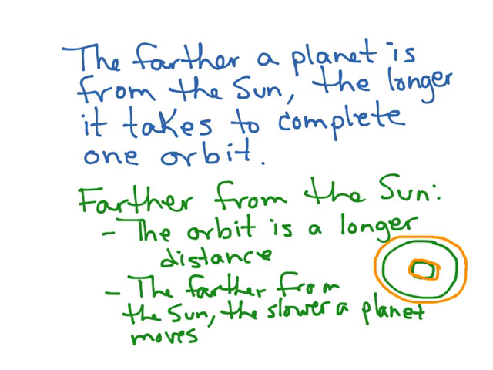So not only do you have this long distance, but you're moving slower too. So it's going to take longer to go one complete trip around the sun.